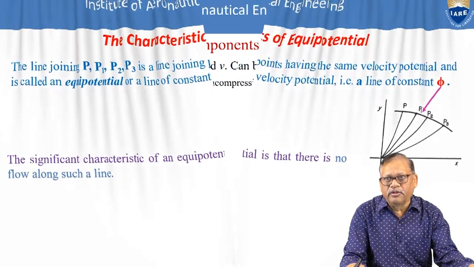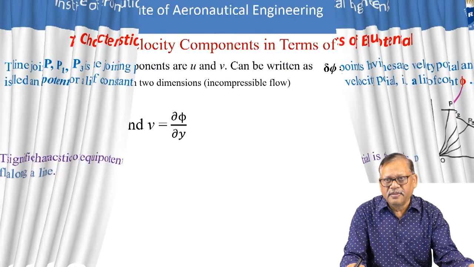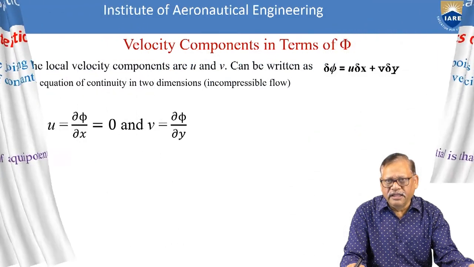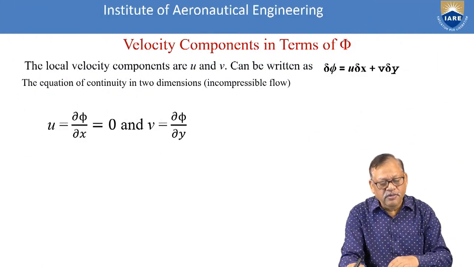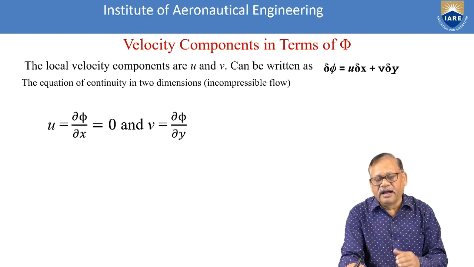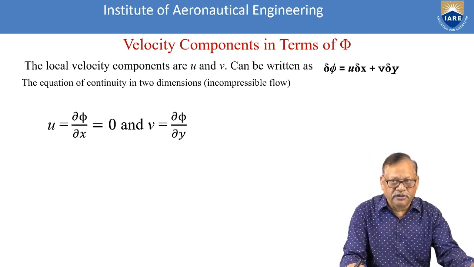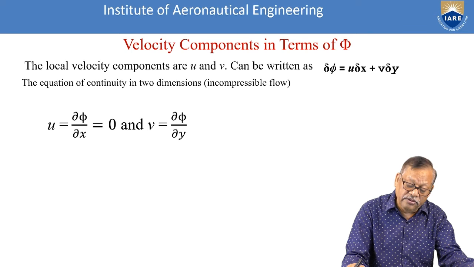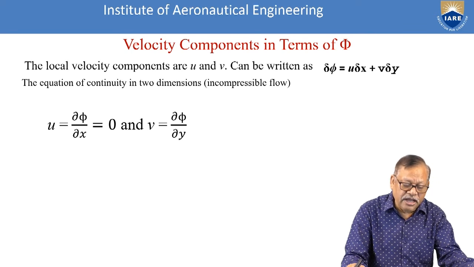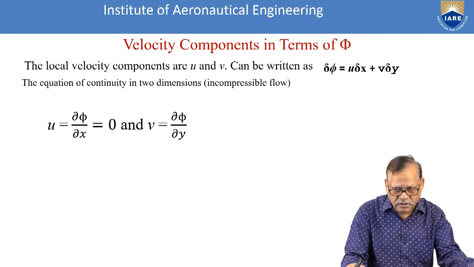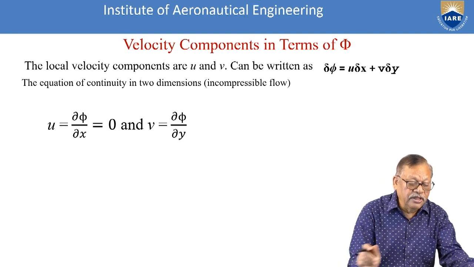So let us talk about the velocity components. There we have seen the U and V values in terms of the streamline psi. Here we will see them in terms of phi. What are the values of U and V?